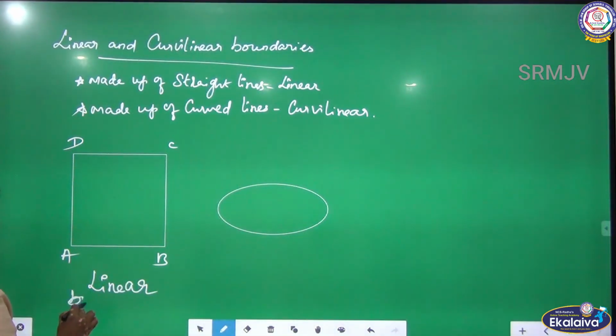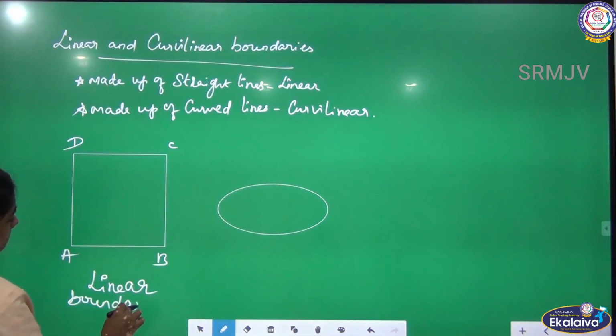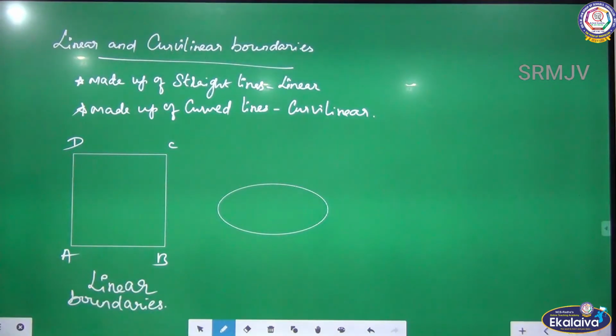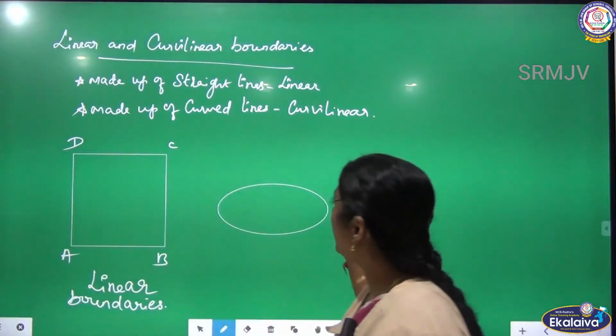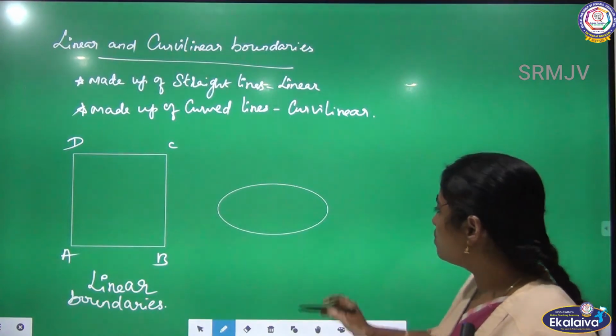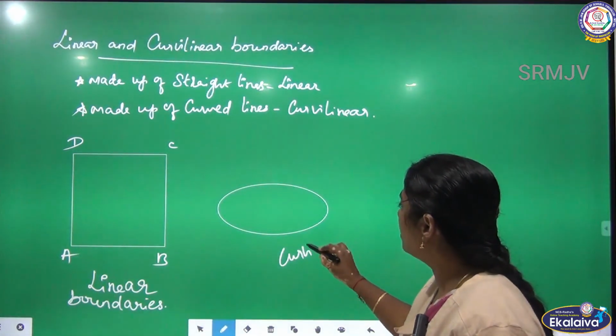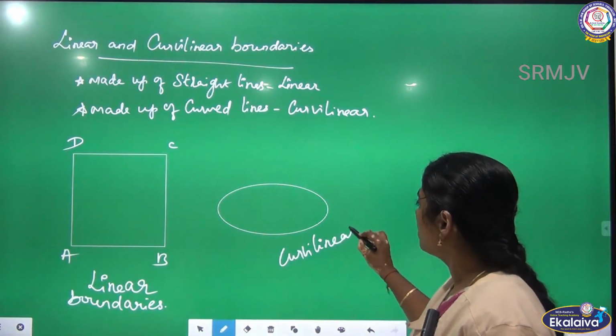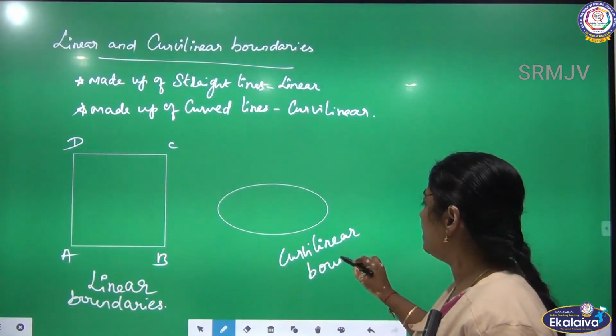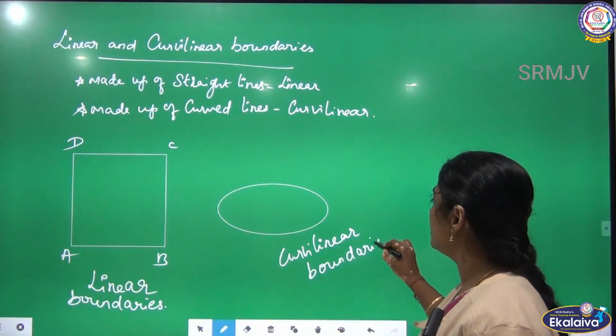Linear boundaries. Okay. What shape is it? Made up of a curved line. So it is an example for curvilinear boundaries. Can you understand this, children?